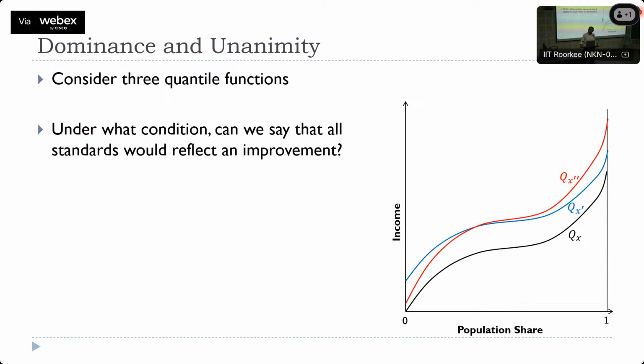Question: under what condition can we say that no matter what income standard we choose, whether quantile income, partial income, Sen mean, or general mean, it doesn't matter which alpha you choose, they all will lead to improvement?